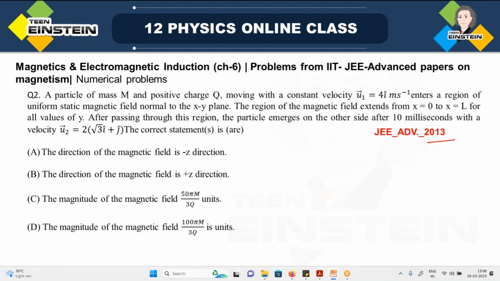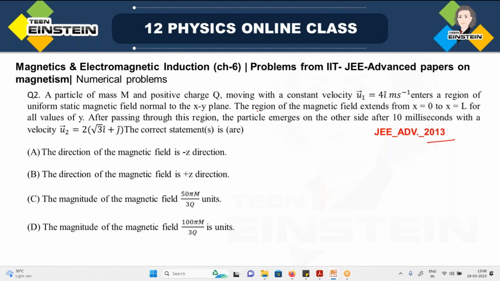The question says that a particle of mass M and positive charge Q, moving with constant velocity u1 equal to 4 i cap meter per second, enters the region of uniform magnetic field normal to the xy plane.